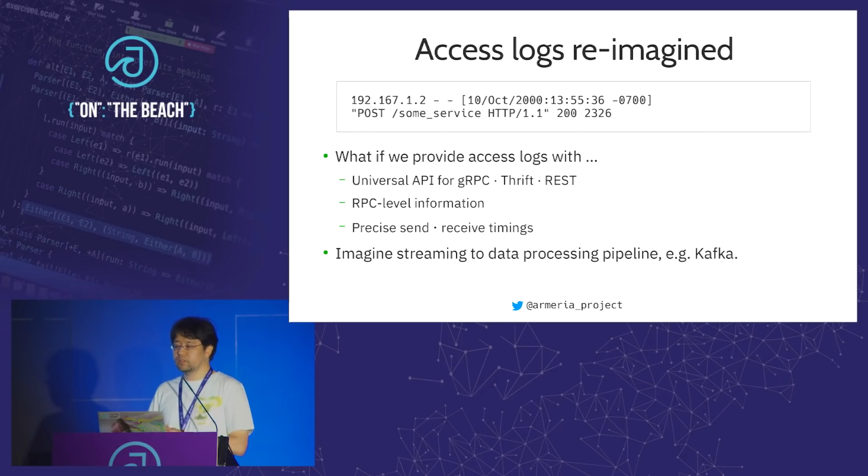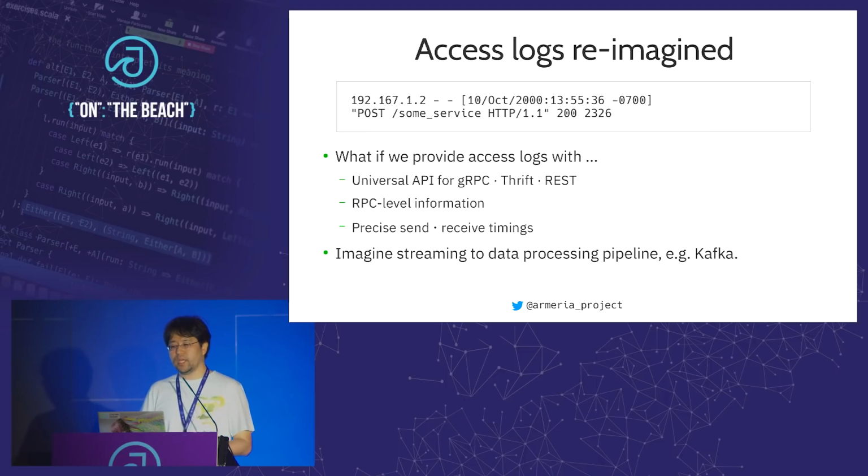How about access logs? This is a fairly common access log file example. If you look into the access log file written by an application server, you see the same impedance mismatch. You barely get what you want.